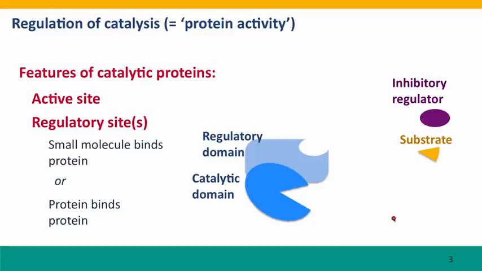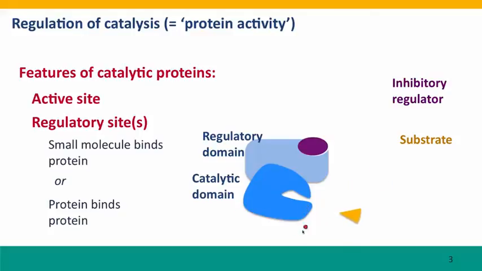So let's go back and do that again. The regulatory molecule can bind to the domain, changing the conformation of the catalytic part of the protein. The active site has now closed, so the substrate's not able to bind and no catalysis can happen. This kind of inhibition can happen in response to various cellular changes.